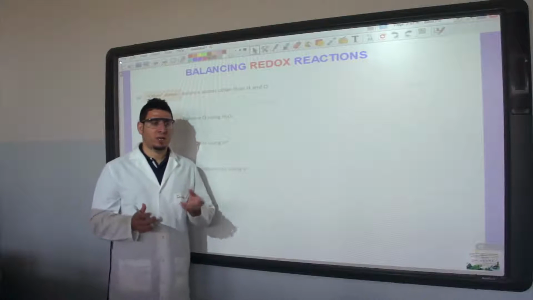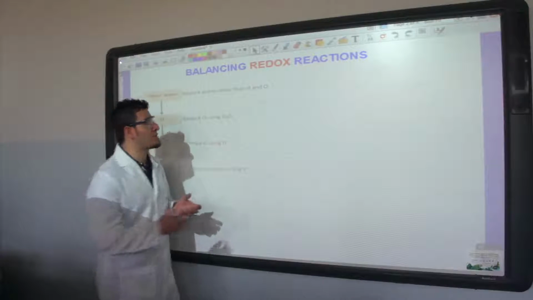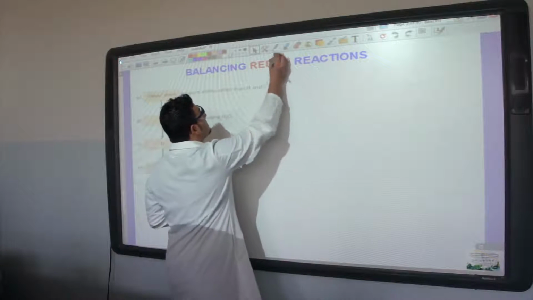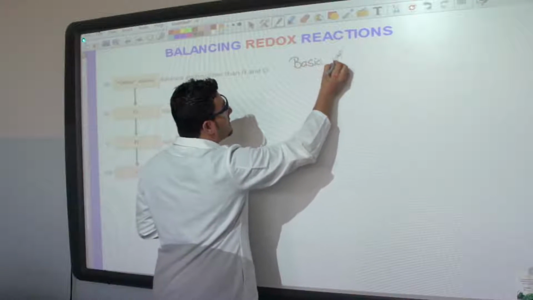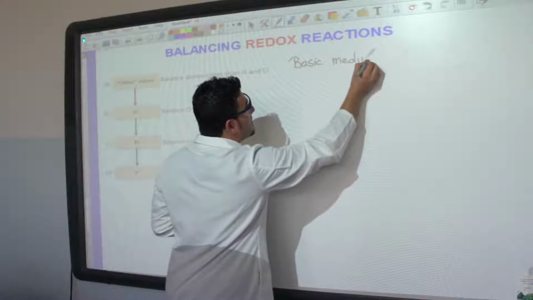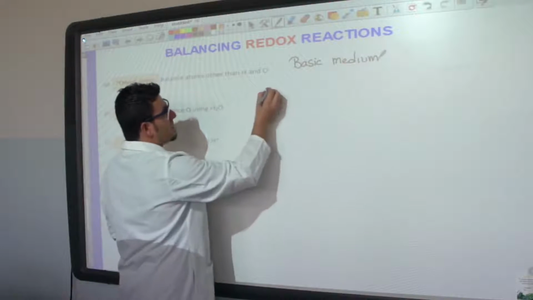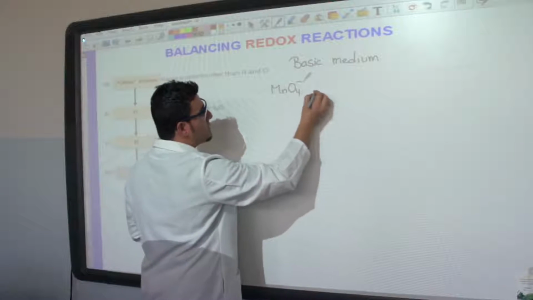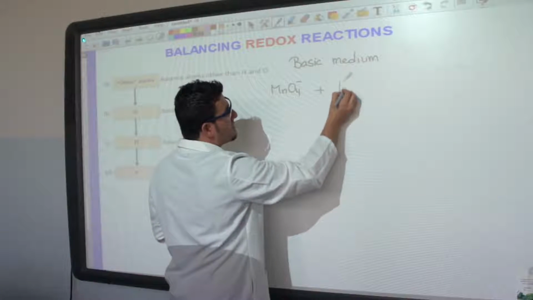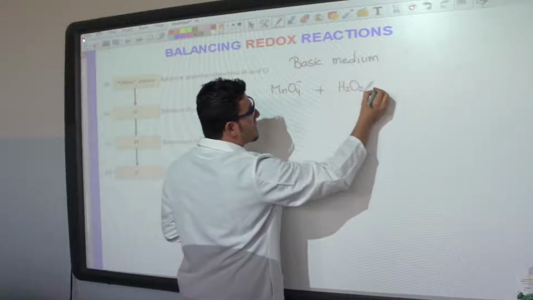Now we will discuss how to balance a redox reaction in basic medium. The example is permanganate reacting with hydrogen peroxide.